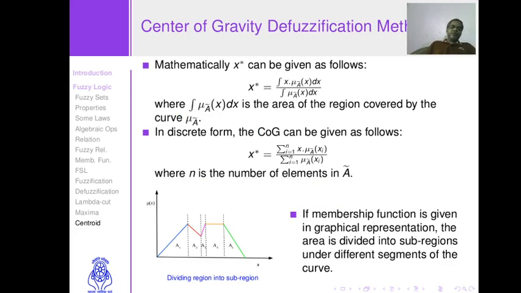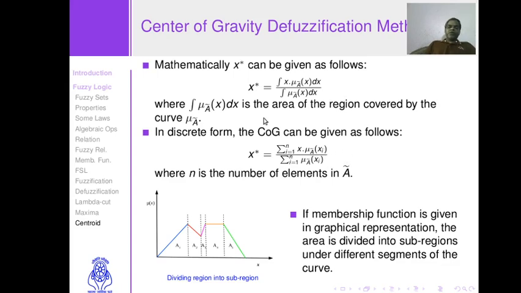Mathematically it is given by this equation: integration of x mu A(x) divided by integration of mu A(x). In discrete form the above equation can be written like this.